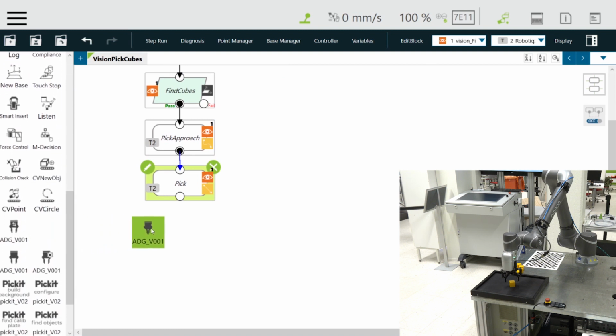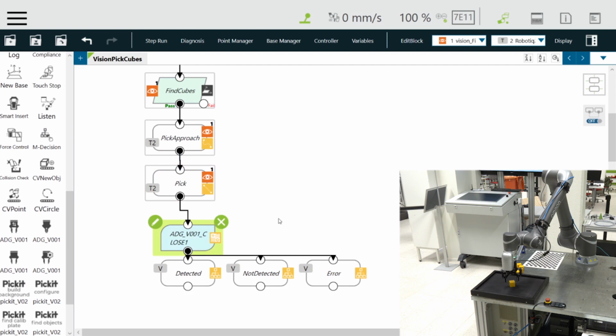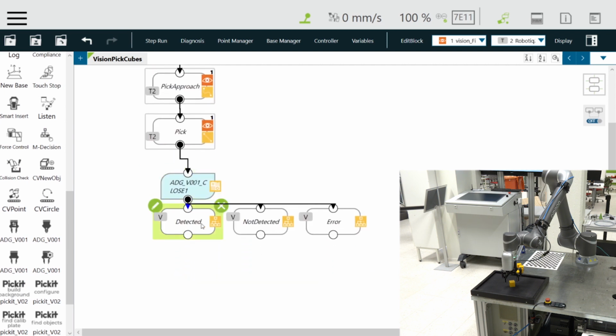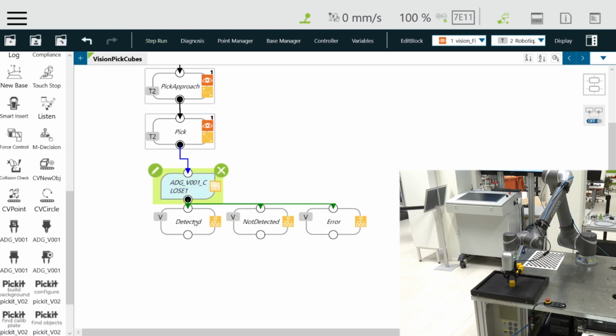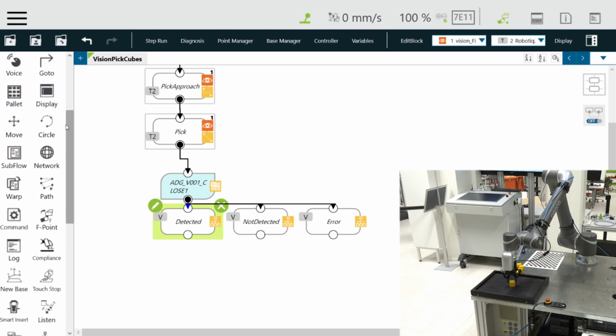The gripper close node, so how to close the gripper, is added for closing the gripper fingers, and set run is used for closing the gripper and gripping the cube. There are different results for the gripper if there is something detected or not detected, or if there are any kind of errors.